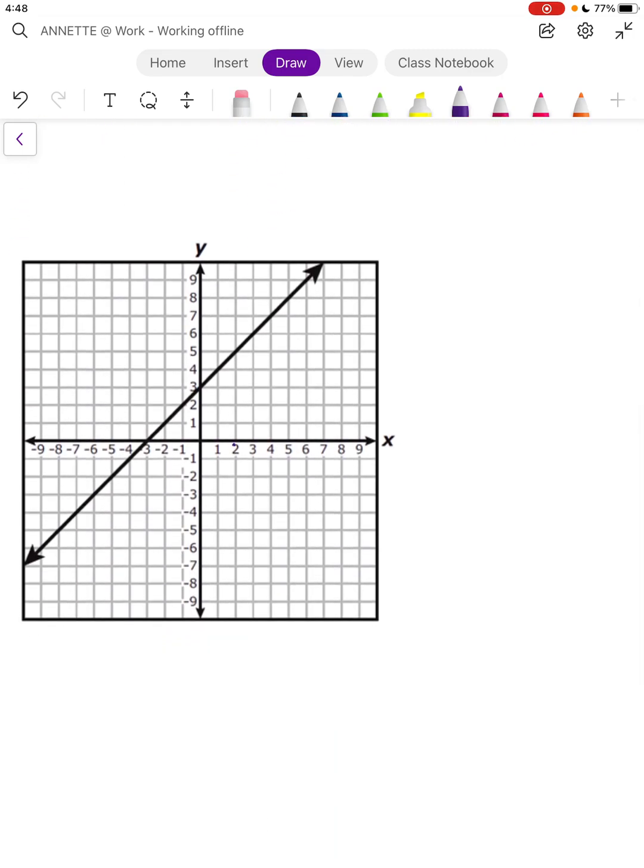Look at that. That line right there is a representation of y equals x plus 3. Every point on that line satisfies the equation y equals x plus 3, or makes the equation true.